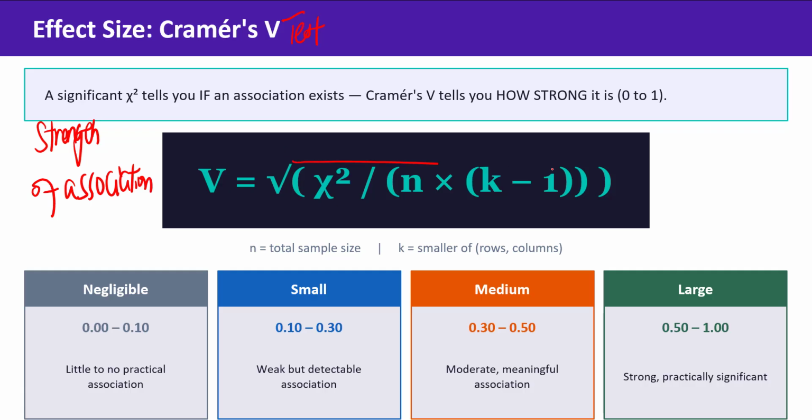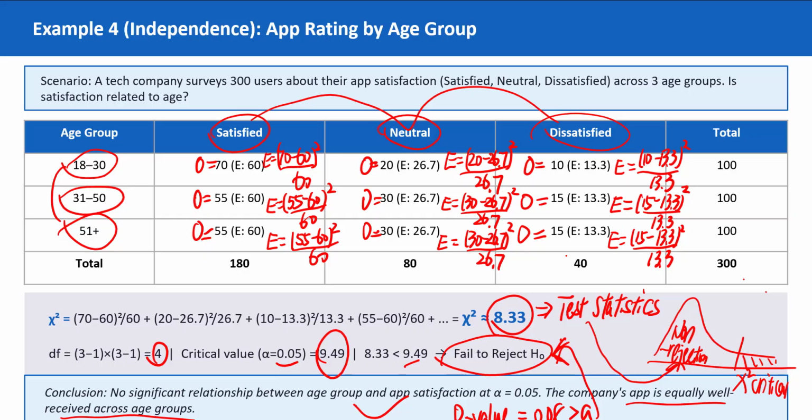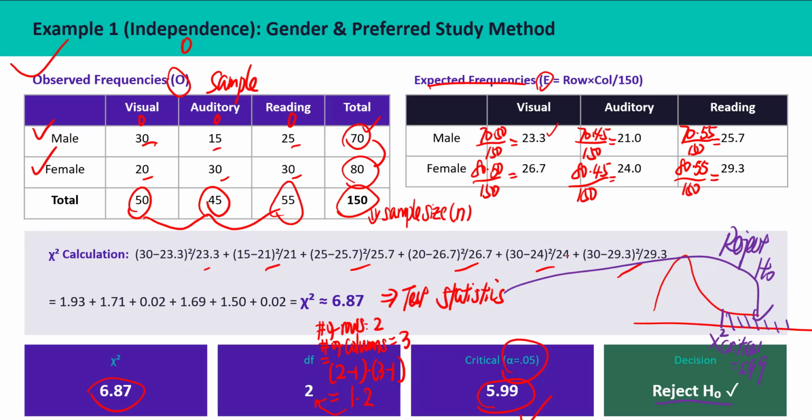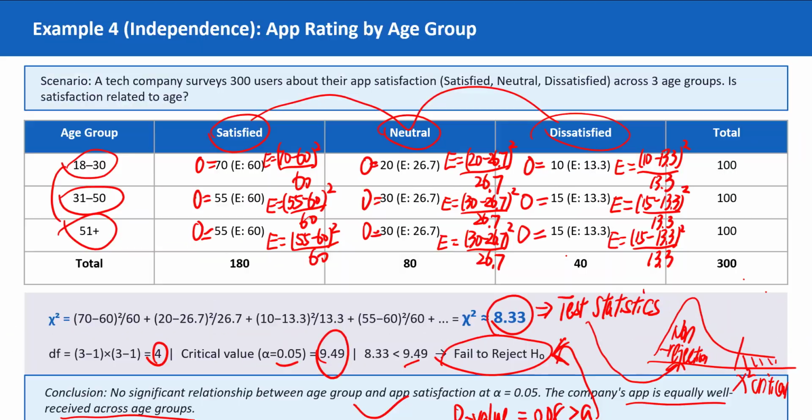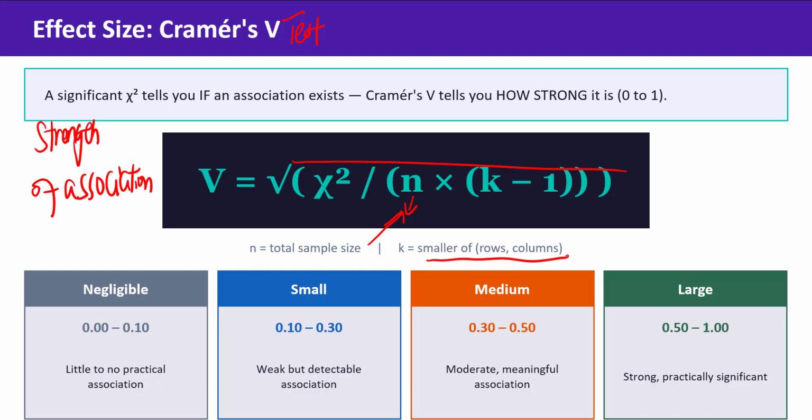So this is the V test. We take the chi-square value divided by the sample size, times K minus 1, where K is the smaller of the number of rows and columns. For the gender study example, the smaller between rows and columns is 2, since rows have only 2 categories. So K is 2.